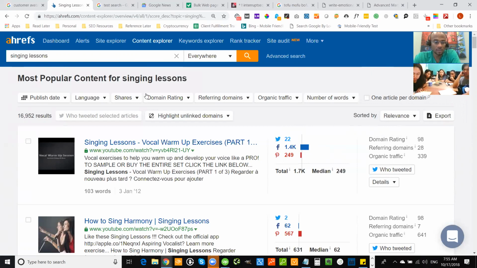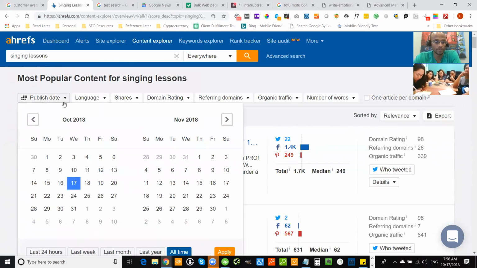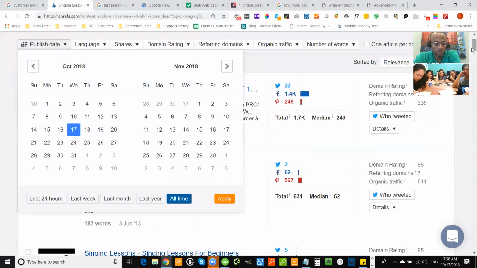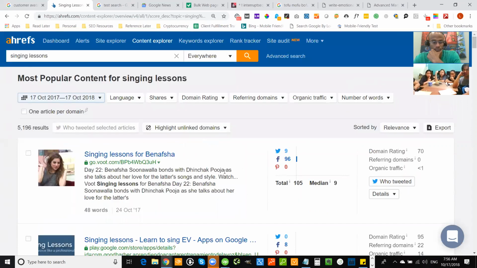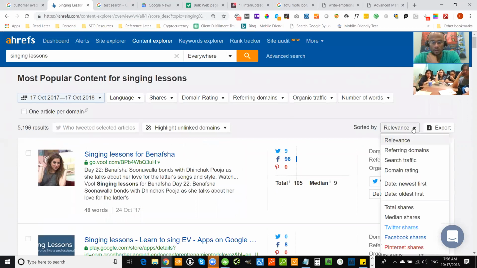Let's filter down our search results. We only want content topics from the last year. Let's sort by search traffic.